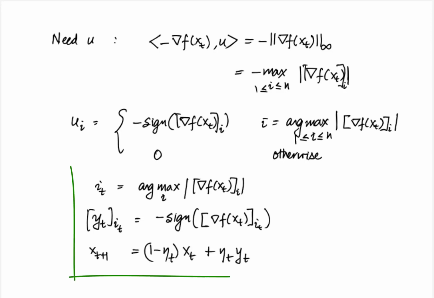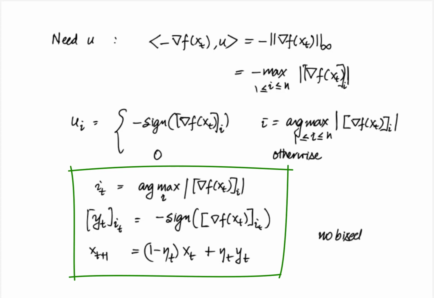Now if you compare it with projected gradient descent, this is significantly simpler. There is no bisection required here for sure, and we are only updating one entry of x_t. All other entries are just being scaled. In fact, there are many more results involving such L1 norm constraint problems using Frank-Wolfe, and it is an active area of research.